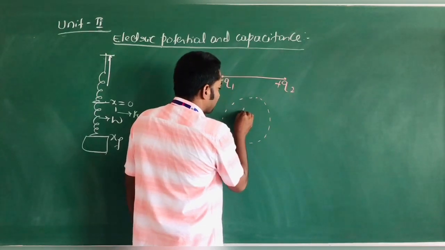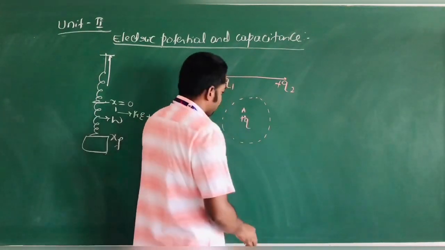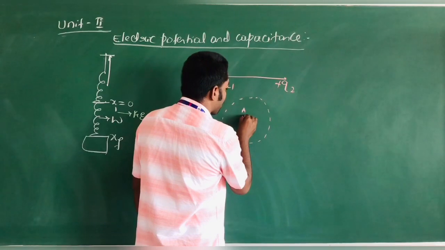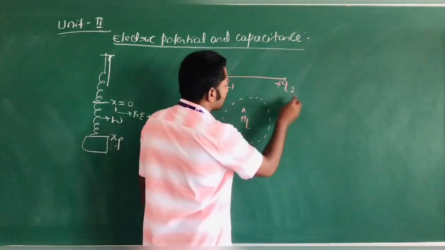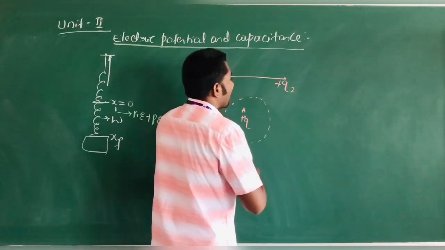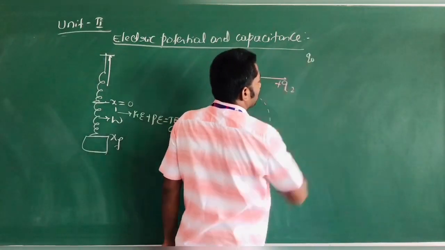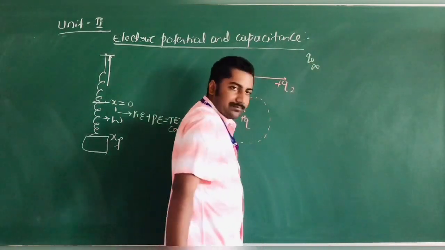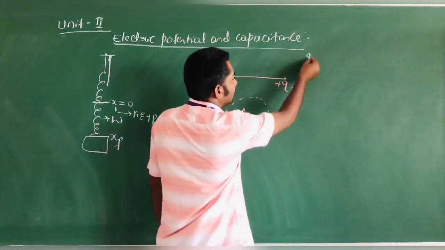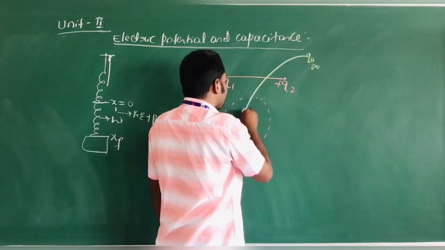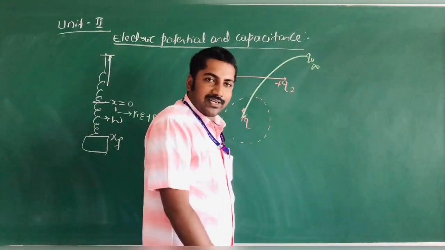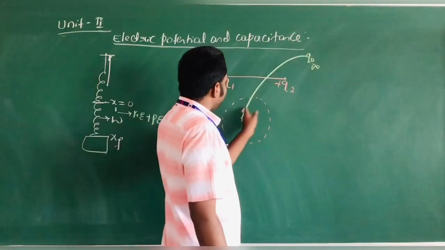Now it is at position A. Suppose I bring this positive charge from point A to any other point, or suppose I consider another charge Q0 at point infinity. Now this charged particle is brought from infinity to this point.